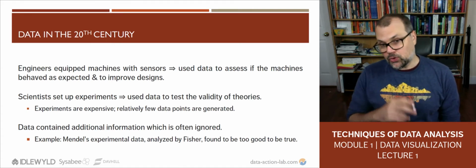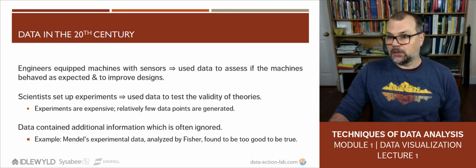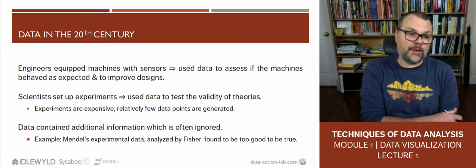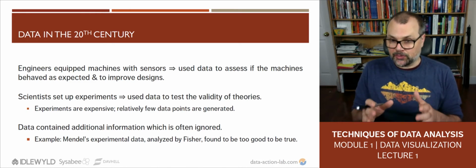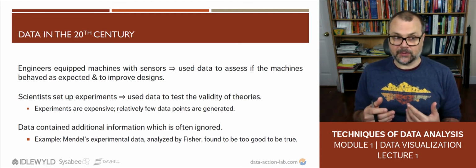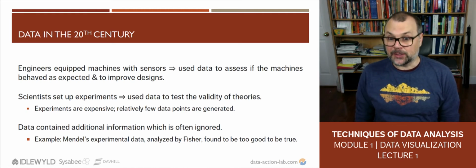Now, there's one important factor. I'm going to focus on the scientist element here, but this is also true for the engineers. You would set up an experiment as a scientist to try to validate your theories. Well, one of the issues about setting up experiments is that they are expensive.